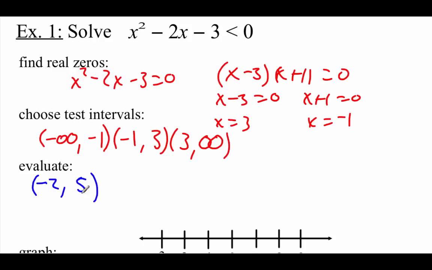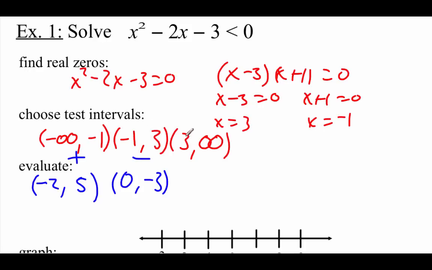Since our answer is positive, that means this first interval is what we call a positive interval. If we look at our second interval from negative 1 to 3, a nice test value in there would be 0. So we plug in 0 for our x's, we get negative 3 as our answer. So that tells me this middle interval is a negative interval.